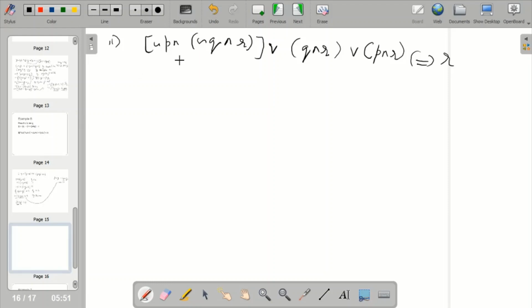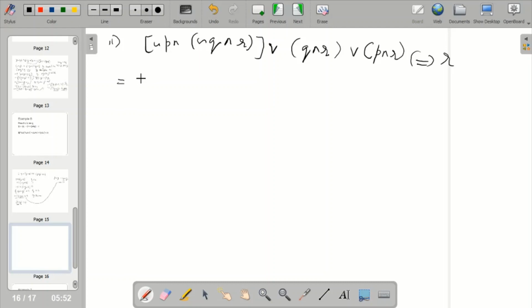Over here we have negation P and negation of Q and R. Here we have Q and R or P and R. I'm solving this step by step.